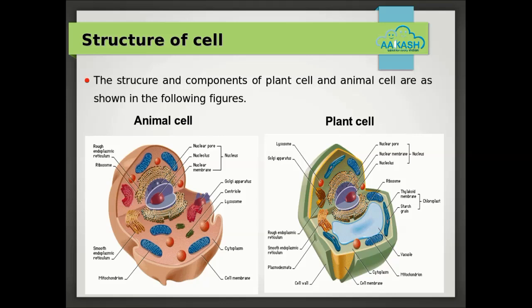Third, cytoplasm. Fourth, cell organelles. Plant and animal cells have similarities except a few parts which are absent in animal cells. Animal cells are generally smaller in size, whereas plant cells are usually larger in size. Now, let us discuss the parts of each of these cells in detail.